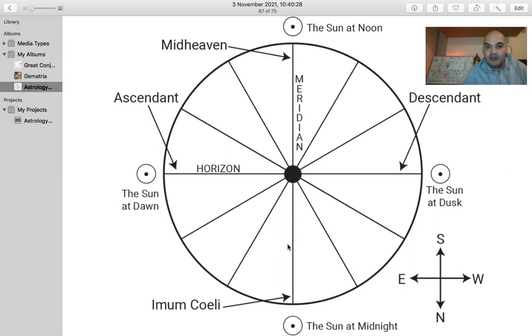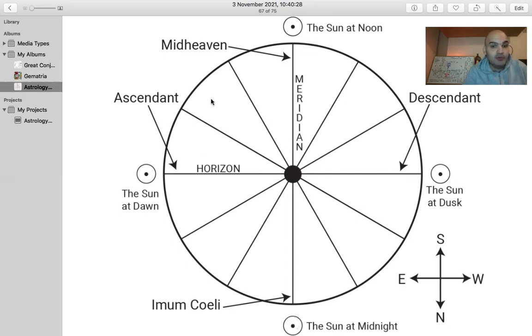And the way this works is, like it said in the book, the houses are fixed, but what happens is the zodiac is rotating clockwise. So for example, in relation to my chart, which I will bring up a bit later to give you more clarity, the sign that was in the first house when I was born was Leo, but obviously the zodiac is constantly turning clockwise.